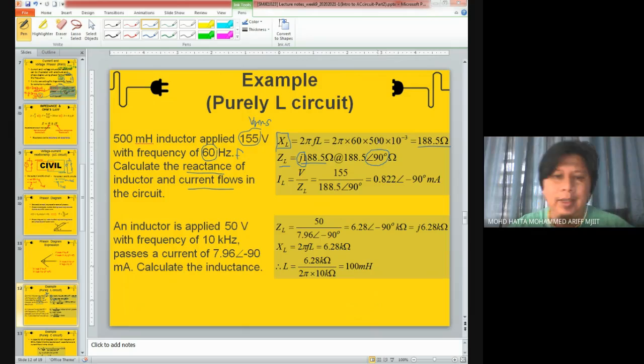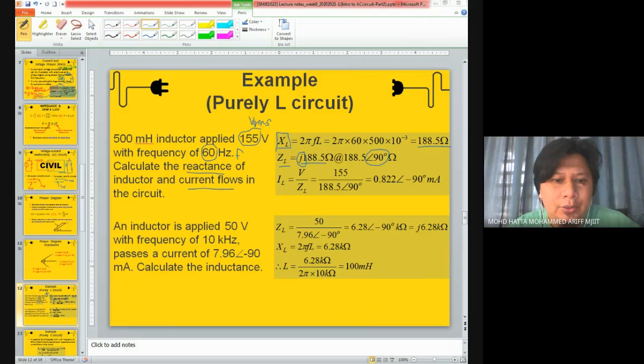This is like a quick check for you. But if you don't know about this, maybe you only know that ZL is given by j118.5. You can put this value in your calculator or in the website that I showed just now, and find that the vector of ZL is 118.5 with the angle of 90 degrees.